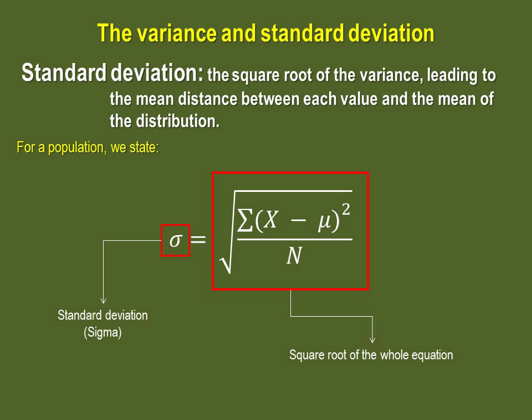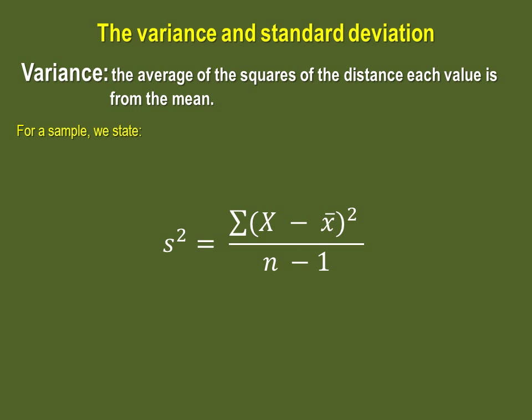When we are talking of variances and standard deviation for samples, there are a few variations in notation. Notice how the variance symbol is not a Greek letter anymore, but instead is a Roman S, which is squared.